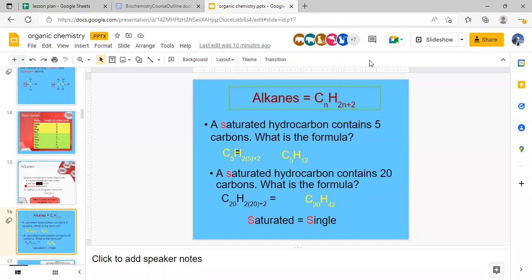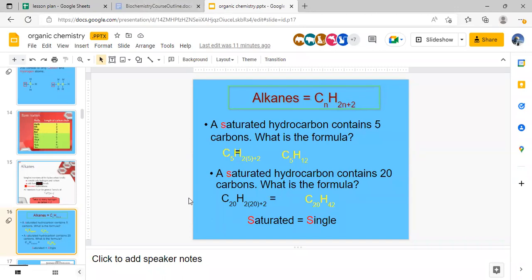Okay, let me ask. What is the formula for an alkane which has 8 carbons? Sir, ano po? C8H18 po. Oh, plus 2.